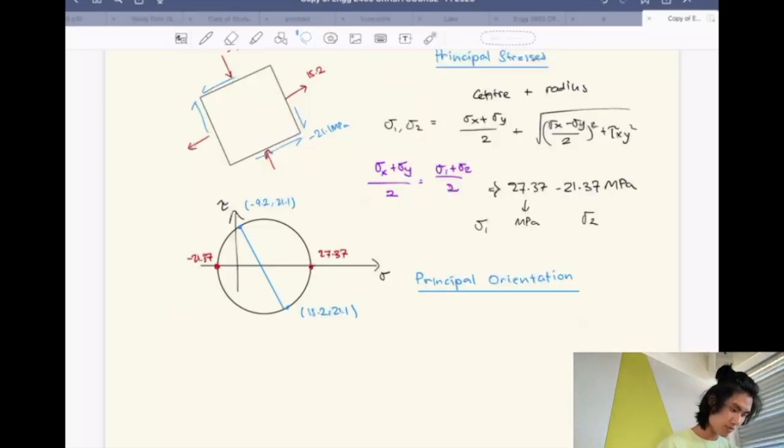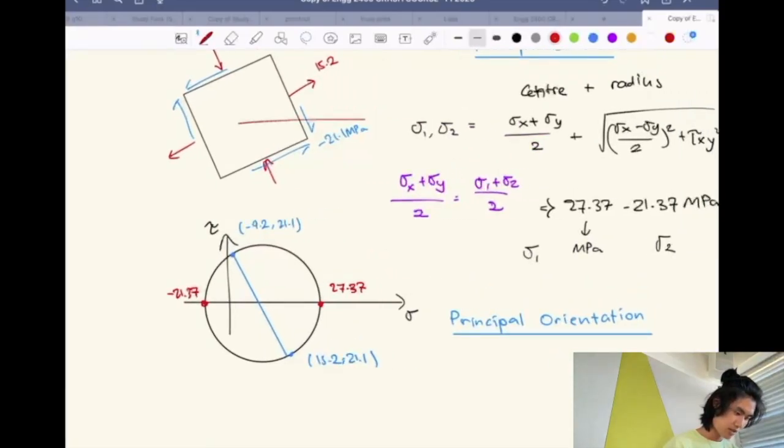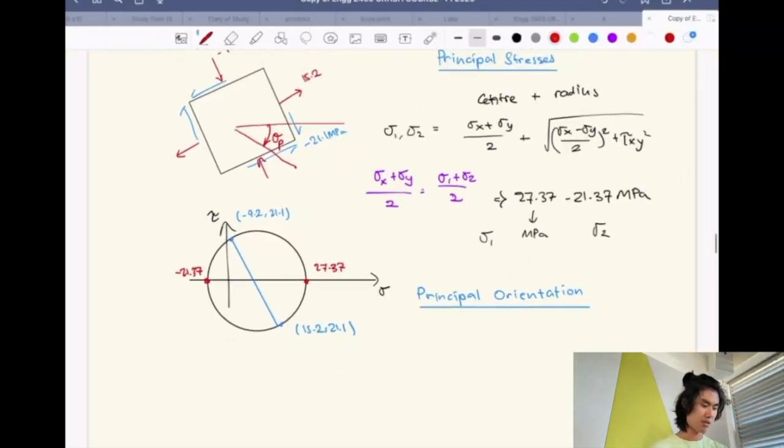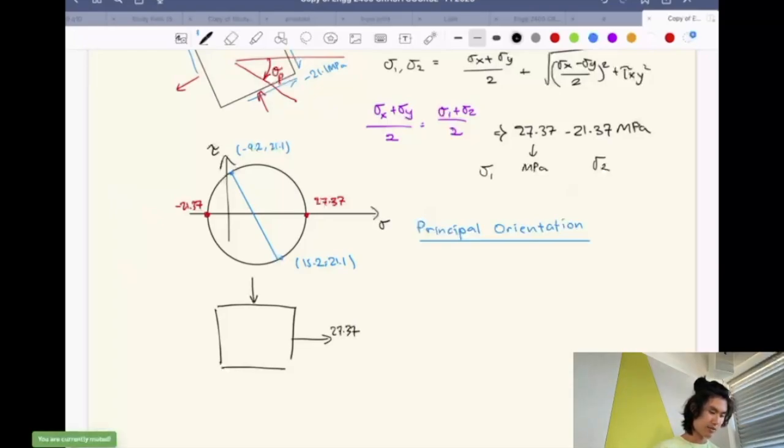If you rotate this backwards, this is called the principal angle. And then to get that straight, this will be 27.37, and this will be negative 21.37, right? And then the stress element isn't experiencing shear anymore. So to find that angle, use this formula.